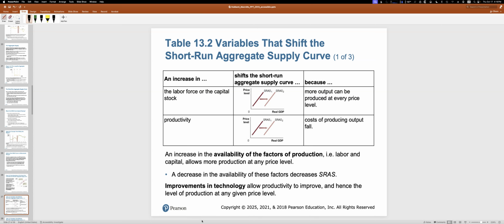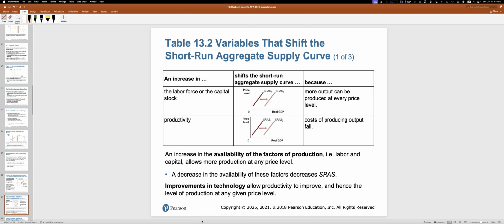And what we can also see in terms of things that are shifting my curves comes down to things like productivity, and changing my technology, changing my factors of production. Basically, anything that shifts the levels of production overall.